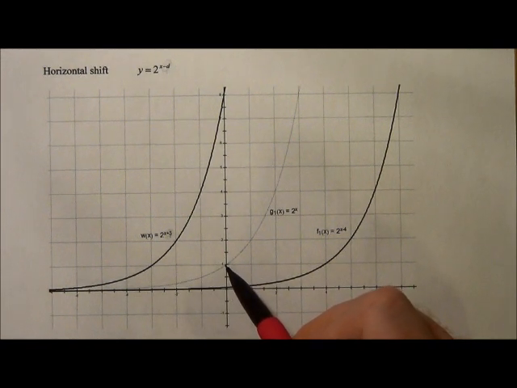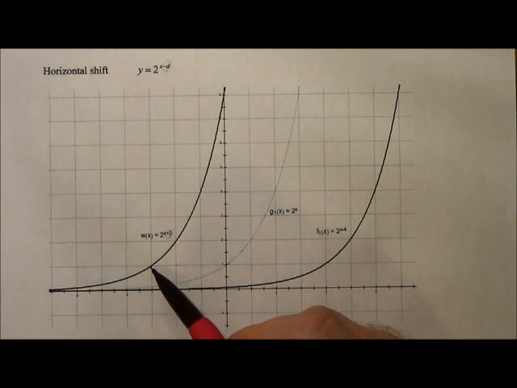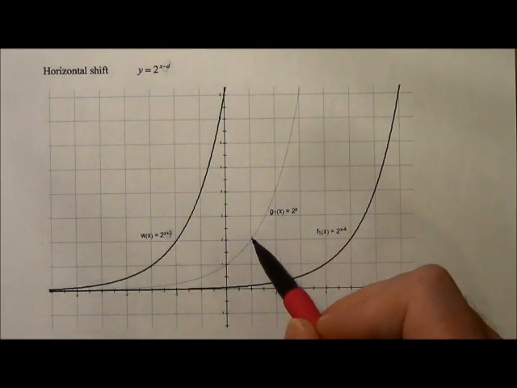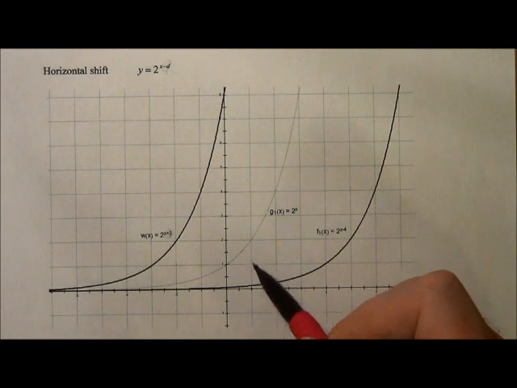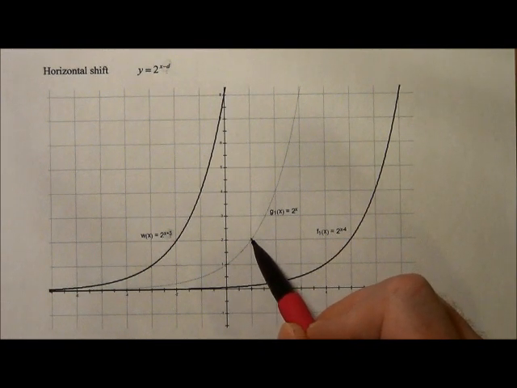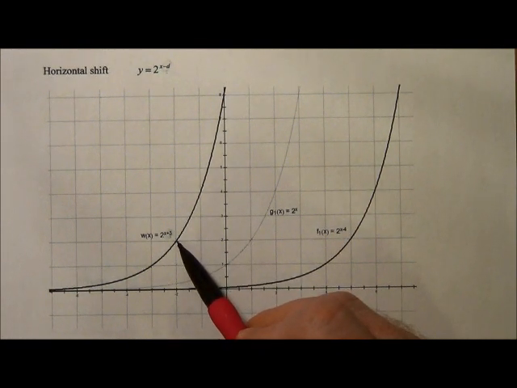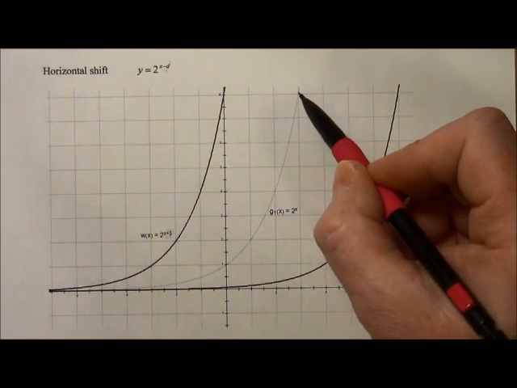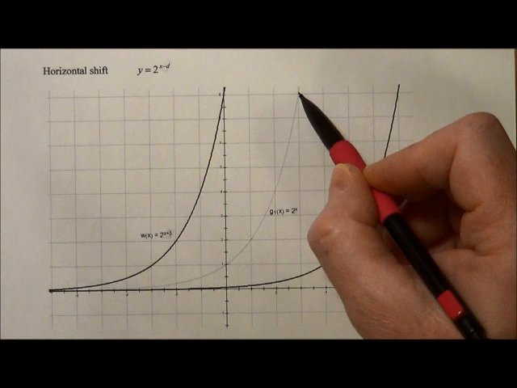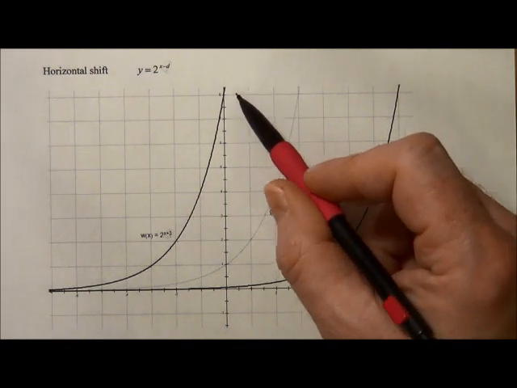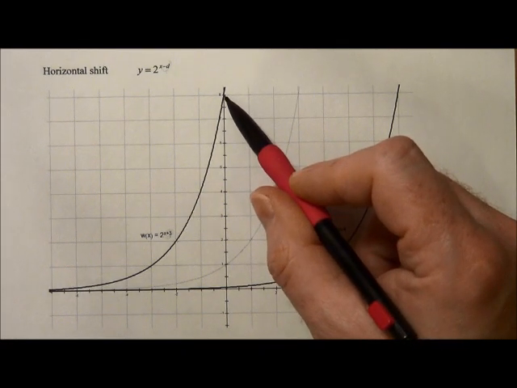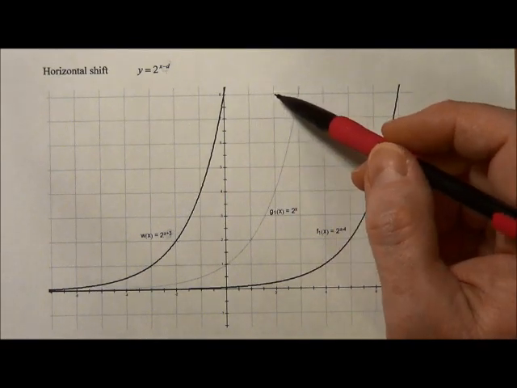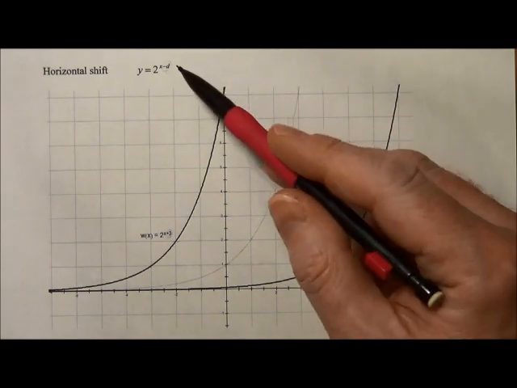So this value of 0, 1 becomes negative 3, 1. And all of the points follow suit. This value of negative 1, 2 becomes negative 2, 2. This point of 3, 8 gets translated over to 0, 8. So all the points just get shifted over either to the left or the right accordingly.